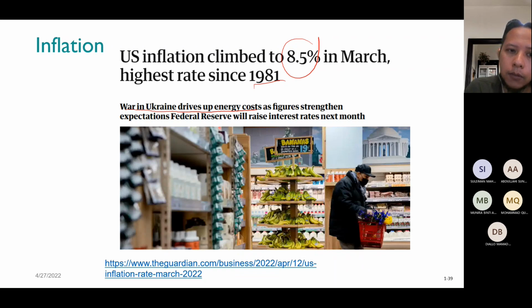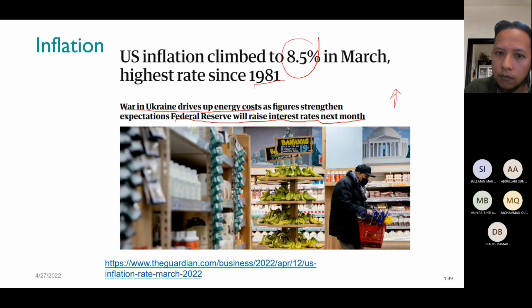And basically they will raise interest rates. They have just recently increased the interest rate. So the reasoning is why they want to raise interest rate.